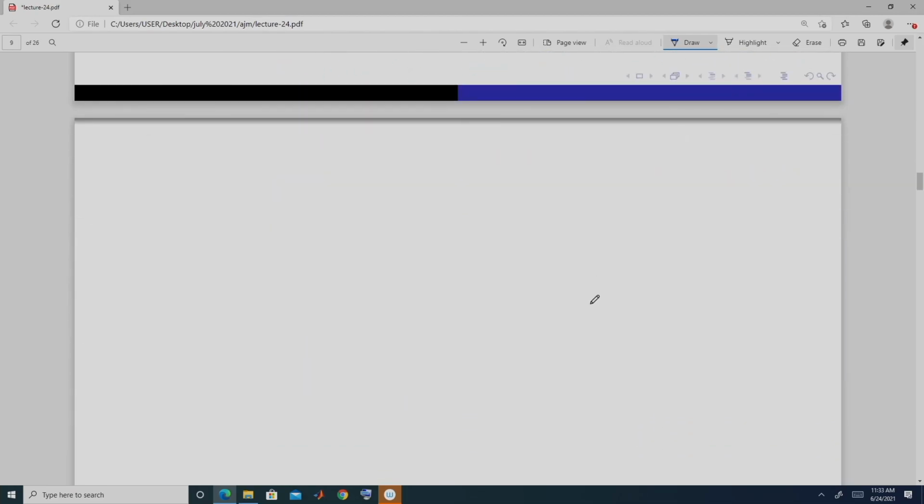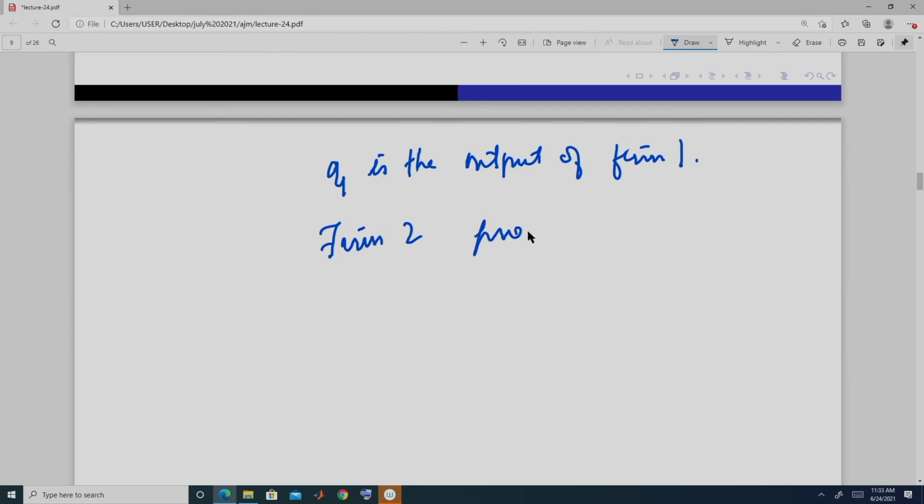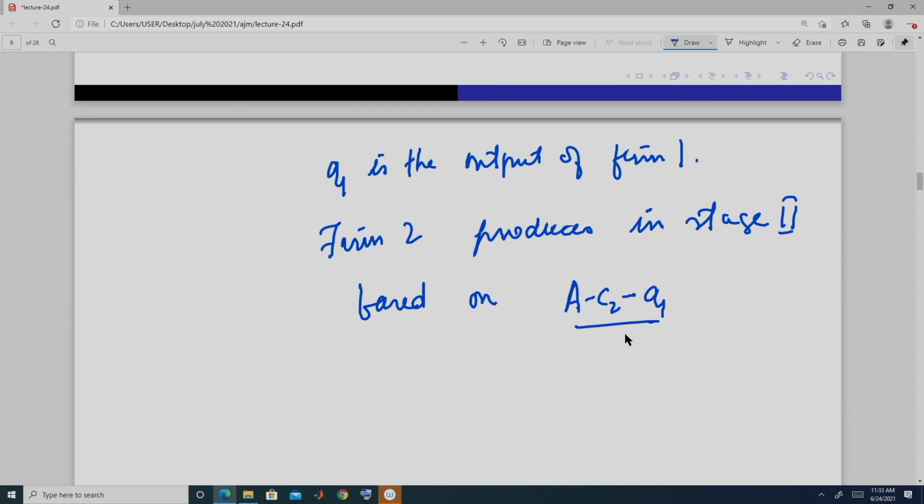Now what does this mean? Whenever Q1 is the output of firm 1, firm 2 produces in stage 2 based on this function, which is the reaction function.